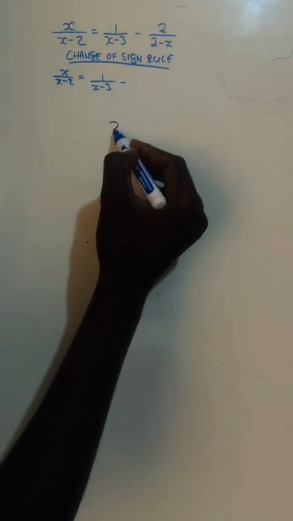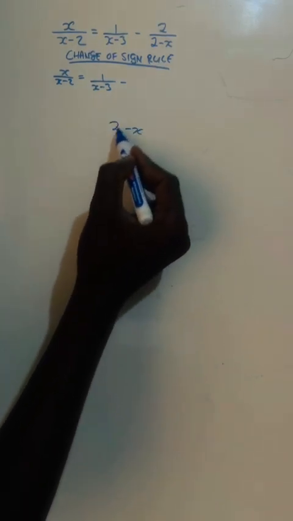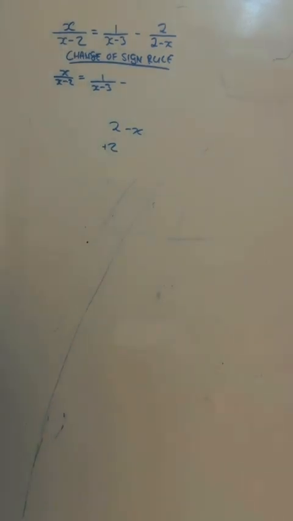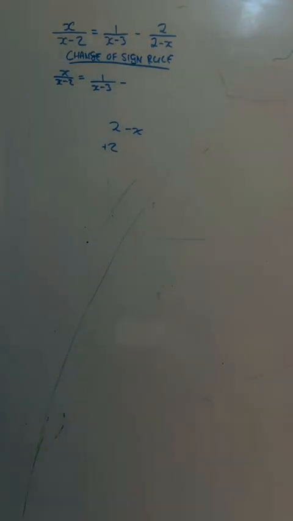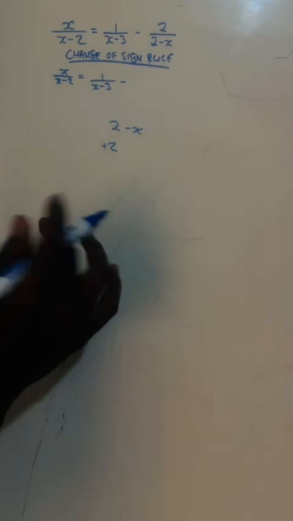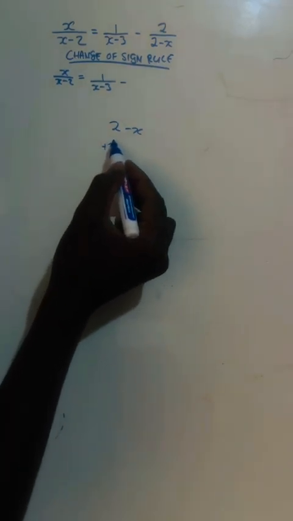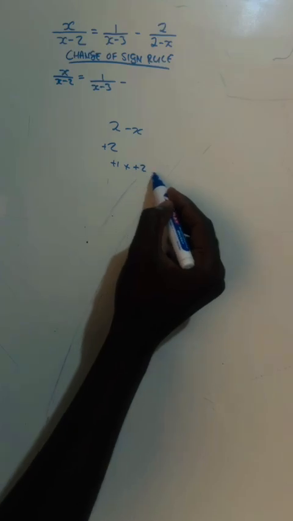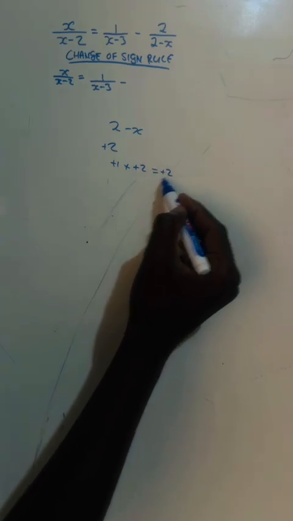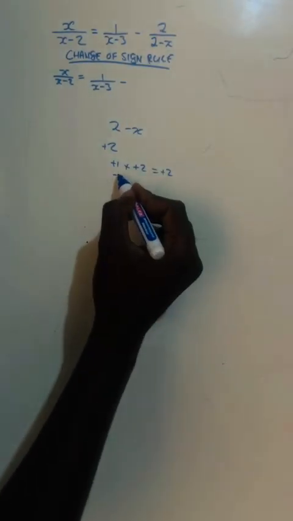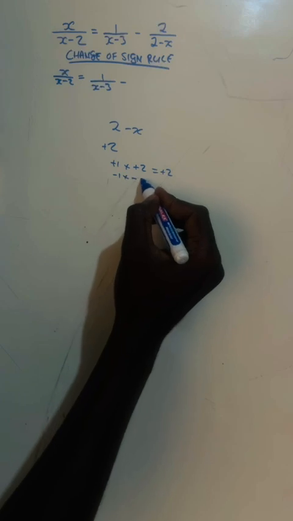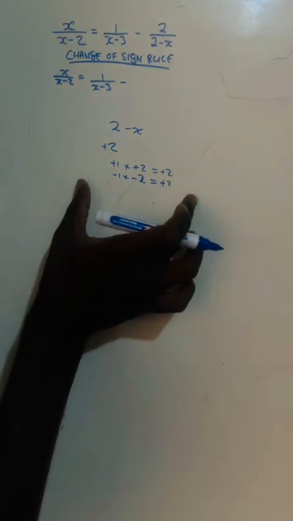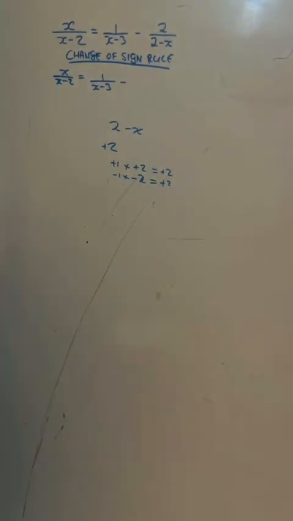Observe one thing. When you are given 2 minus x here, I take this 2 as a positive 2. Now, let's go back to your signs from grade 8. You were taught that in order to get a positive 2, either you had positive 1 multiplied by positive 2, which gives you a positive 2, or negative 1 multiplied by negative 2, which also gives you a positive 2, right?